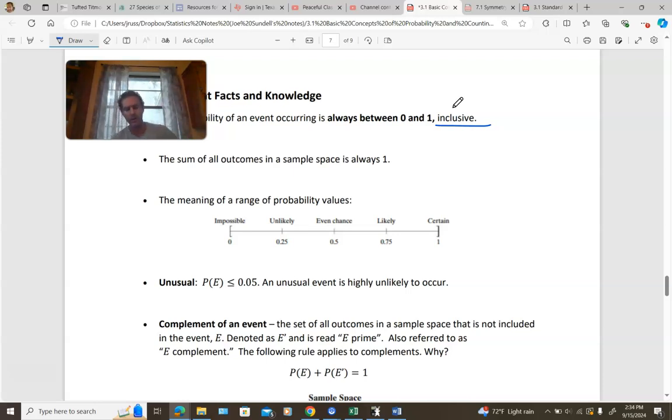Now you may be wondering, well, didn't you just say we couldn't have 0? Well, I said that if there is any sort of a probability there, you cannot round it down to 0. So 0 is perfectly fine for the probability of an event if there is no probability for that event occurring.